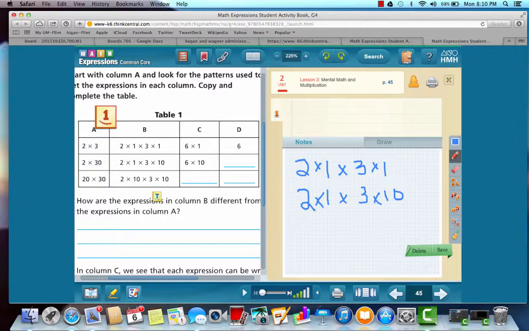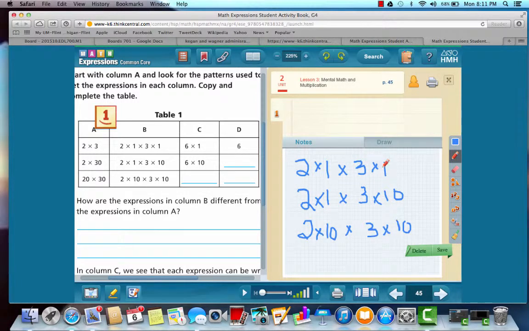So then in the third multiplication equation, we have 2 times 10 times 3 times 10.